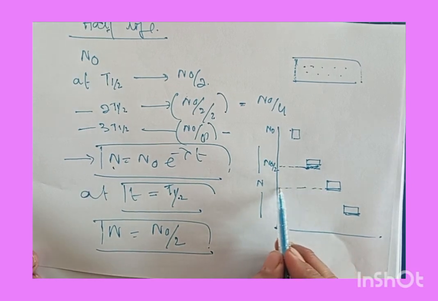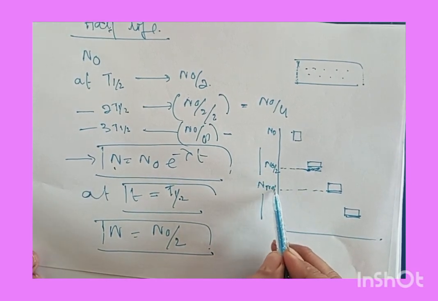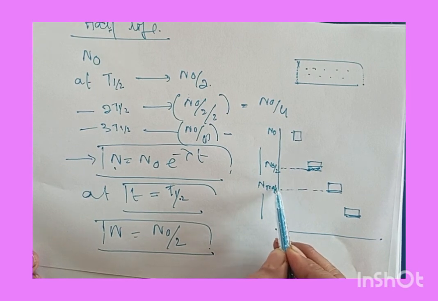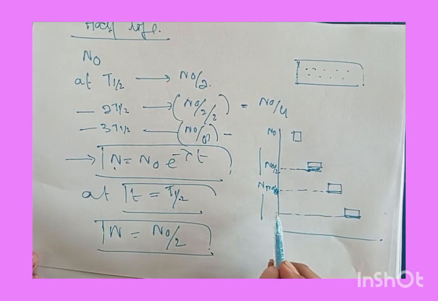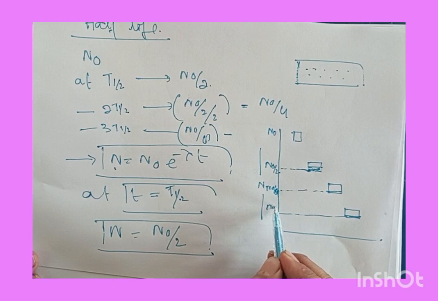Then at the next stage I will have N0 by 4, then accordingly N0 by 8, and so on and so forth.